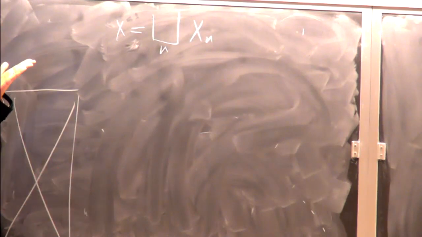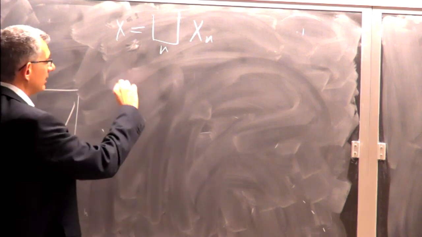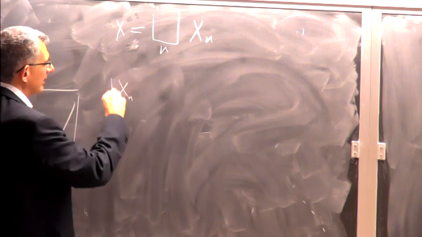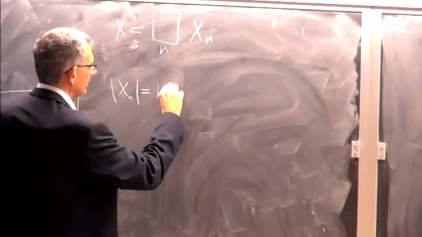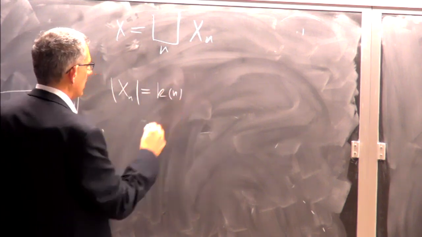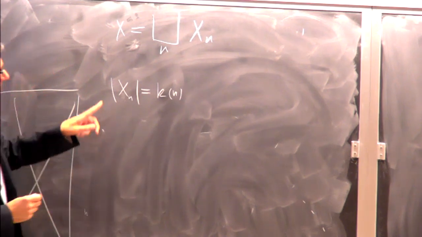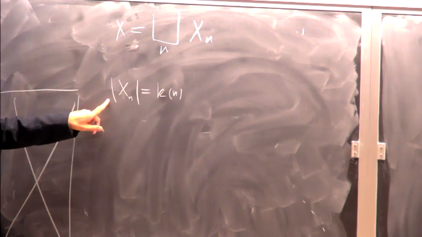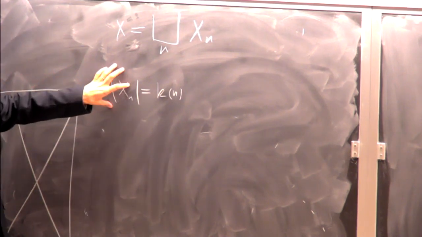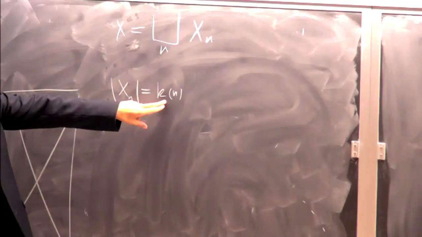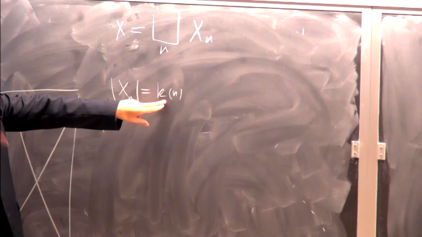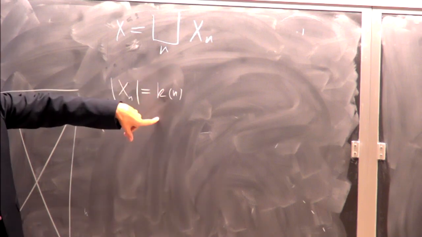Actually, this is a graph. You can think of this as a graph space. And X_n has some cardinality, let's call it K(n), and the graph is simply the complete graph. So all points in X_n are at distance 1. And you just need to choose K(n) fast enough. Y is of the same sort.